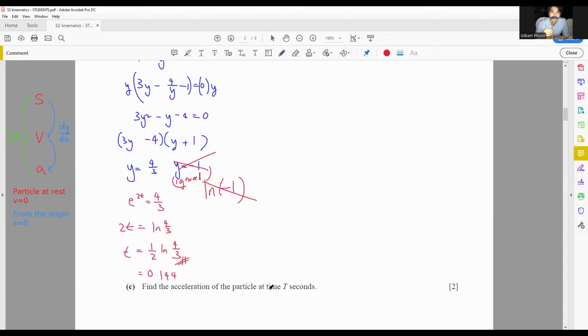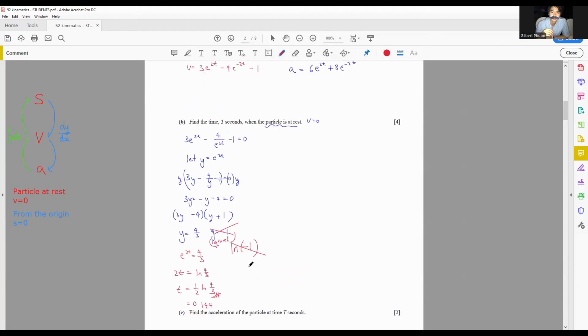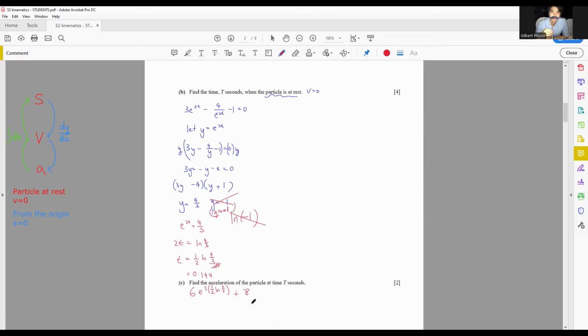Back to this part. Find the acceleration of the particle at time t seconds. The t seconds is referring to the answer that we just got here. So to find the acceleration, all we have to do is 6e to the power of 2 times half ln 4 over 3, plus 8e to the power of negative 2 times half ln 4 over 3.